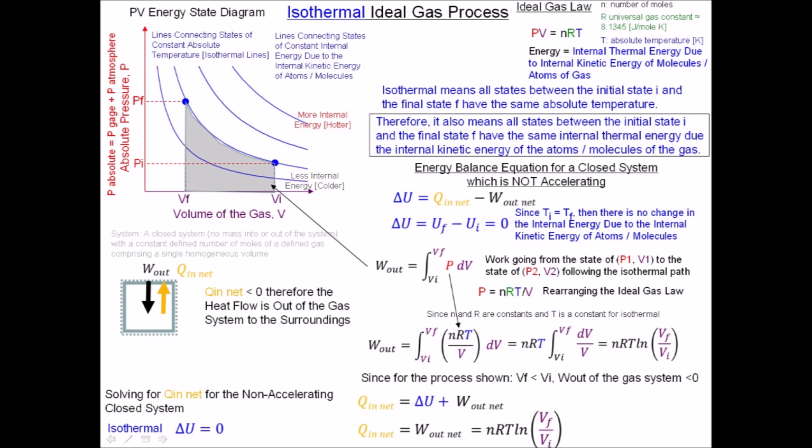In this case, there was no change in internal energy, but there was energy in terms of work, and since the volume of my gas decreased, the gas was compressed, as shown, the work out was negative, so there was work or energy entering my closed system.